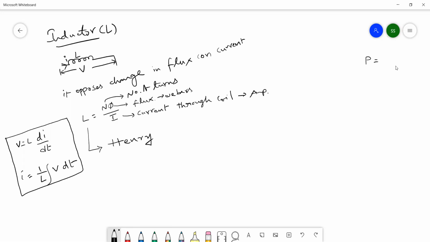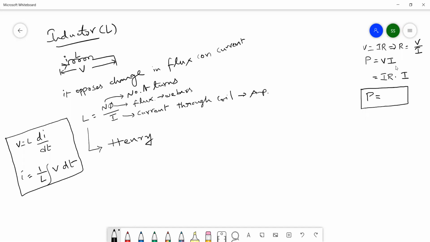So we know from Ohm's law V equals I into R and R equals V by I. What is the formula for power? V into I. So substitute in the place of V as I into R from Ohm's law. Now what is the formula of power in terms of resistance?